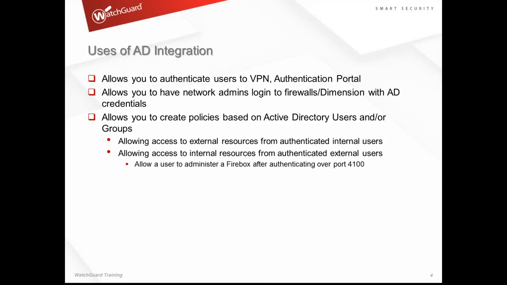But in the event that you needed some sort of quote-unquote poor man's solution, you could say, let's have our users authenticate to port 4100 first, and then we'll open up 3389 to them afterwards, and we'll go over that as well.